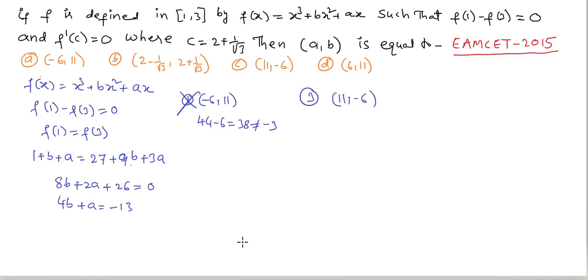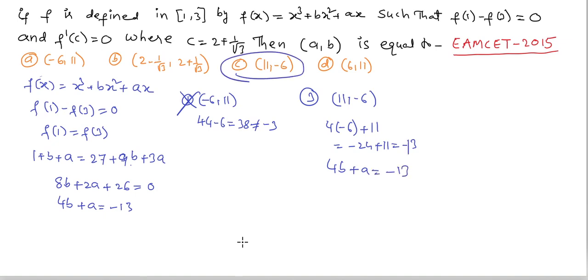A value is 11, b value is minus 6. 4 into minus 6 plus a, that is minus 24 plus 11, equal to minus 13. So the third option satisfies the relation 4b plus a is equal to minus 13. So the third option is the correct answer. Therefore the values of a comma b is equal to 11 comma minus 6.